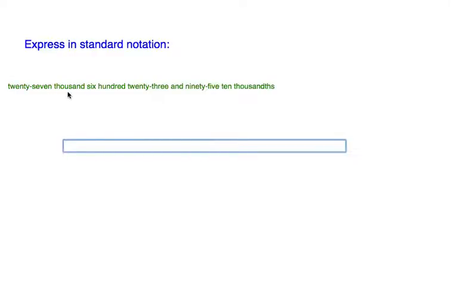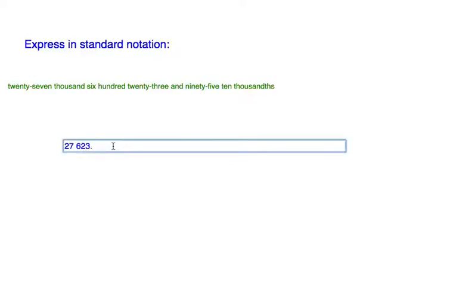All right, 27,623. So 27,000. So the 7 goes in the thousands place. 623. And there's my decimal. And then I'm going to write 95.